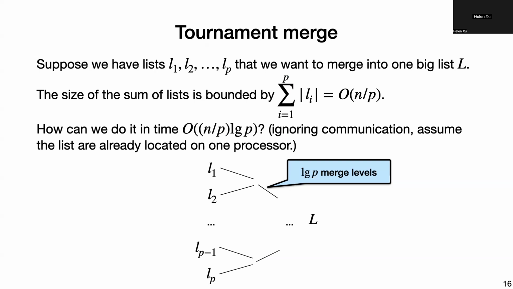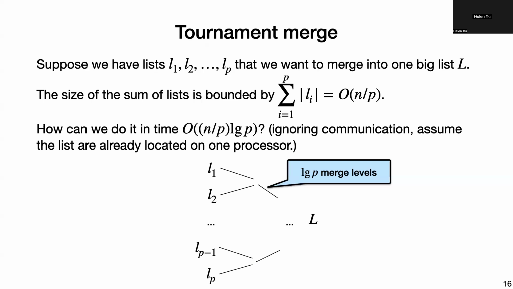We want to do this in the bound that we gave on the previous slide, n times log p, whole thing over p. This ignores the communication part, because it asks: once we already have the elements on the processor, how do we do this merge? The way you do it is through local merges.